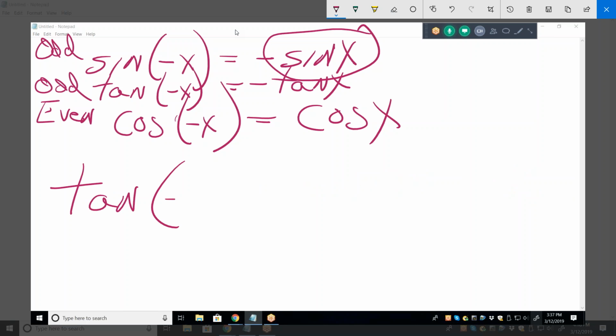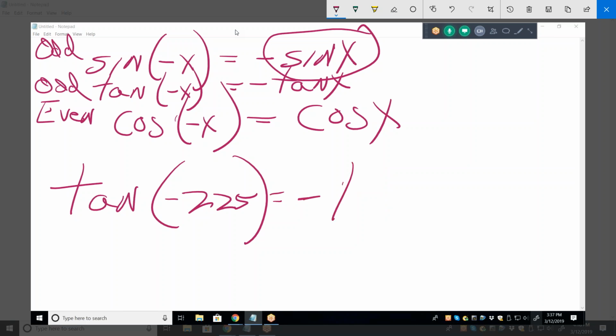Tangent of minus 225. Correct, but it was actually a three-step process, right? In other words, here's what I had to do mentally. I don't know if you did this or not, but I said this to myself.